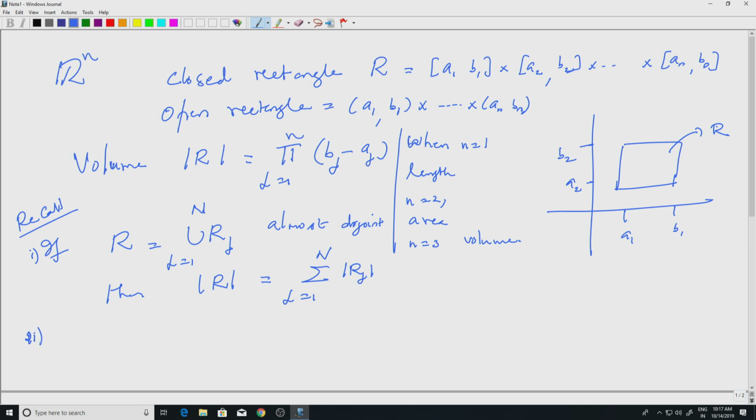Second one is sort of easy. If R is contained in the union of Rj, j equal to 1 to n, then modulus of R is less than or equal to summation j equal to 1 to n of modulus of Rj. Because some of the Rj's may overlap and you may get more area. So, that is very easy to see, and we also proved a topological result.